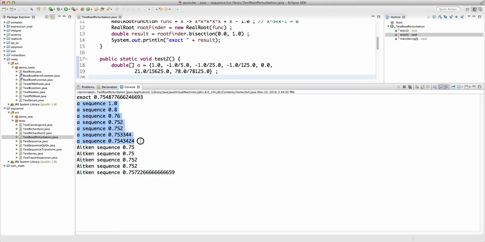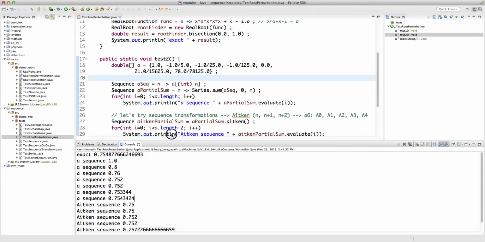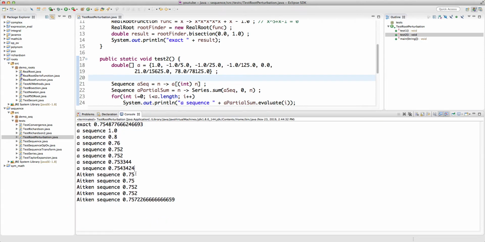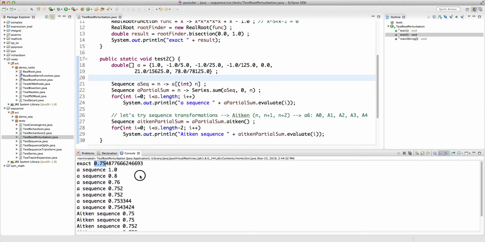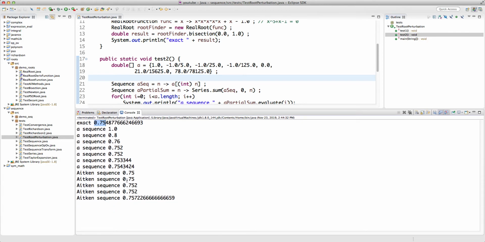The original A sequence turns out to be... you see Aitken from the very start, from the very beginning, it's already 0.75, which is good because it's already 2 decimal places of accuracy, unlike the original sequence that started from 1, went to 0.8, went to 0.76, all right?